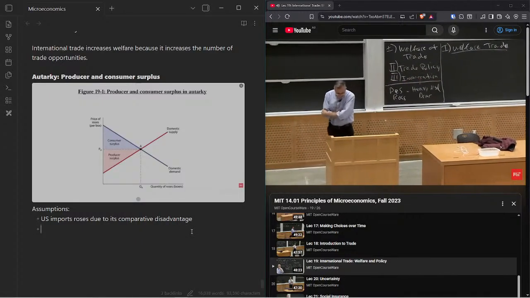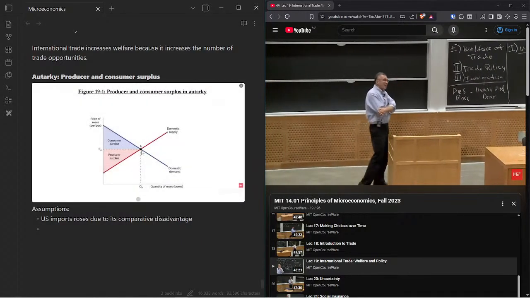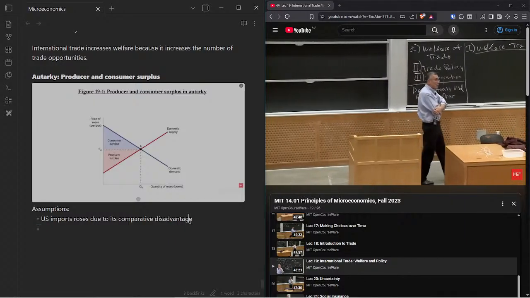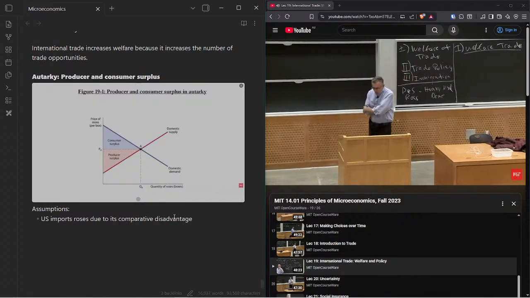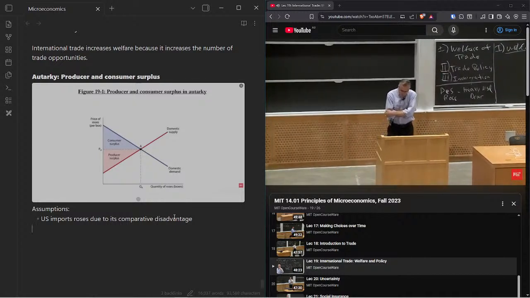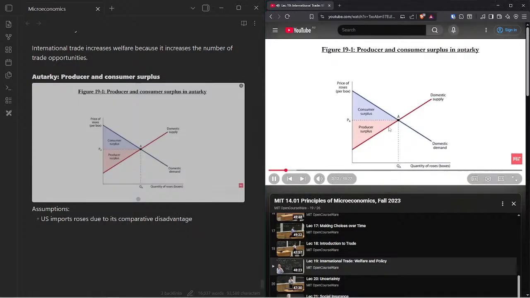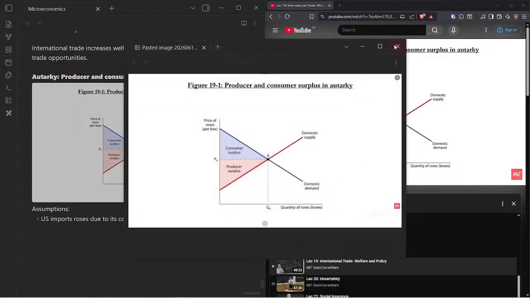What's changed is the equilibrium price, which is now essentially lowered by incorporating a new source of outside supply. Okay? Another way you could do this, you could ask, well, where's this new line come from? Imagine a new line which is below the domestic supply line.